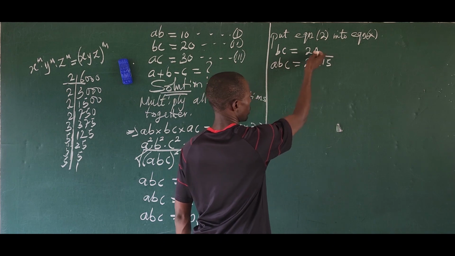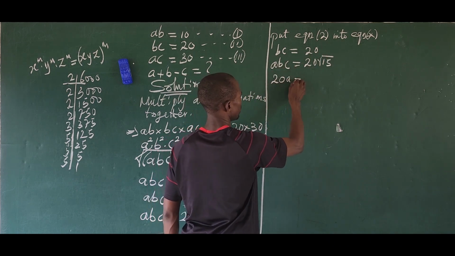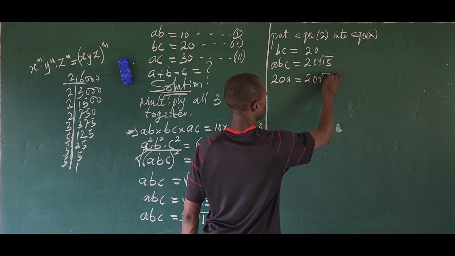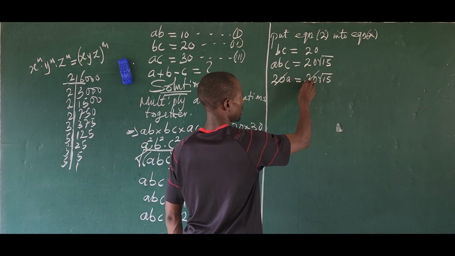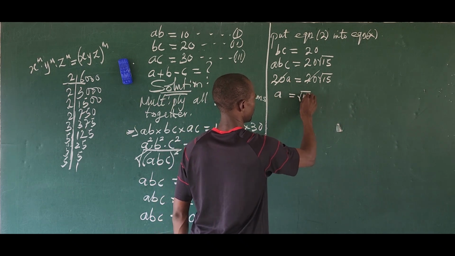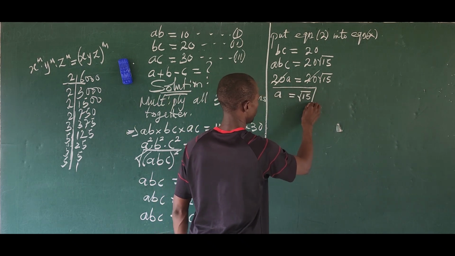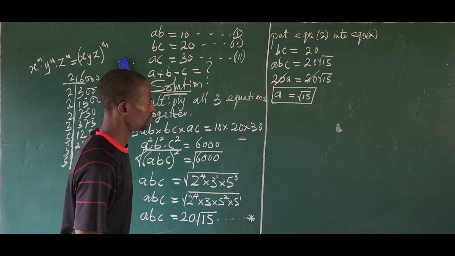And what is the value? It is 20. So this is going to give us 20a is equal to 20 root 15. Right? So this and this will leave. So we have here a is equal to root 15. So we've gotten our first value, which is the first variable a.